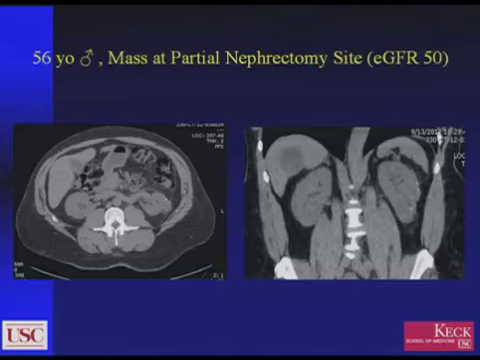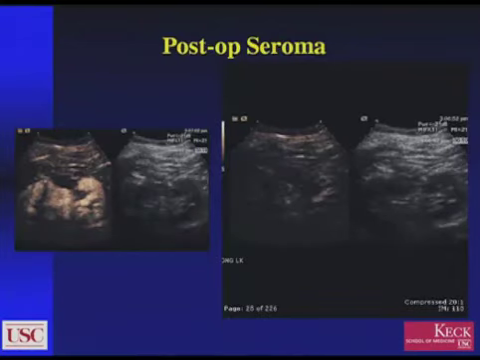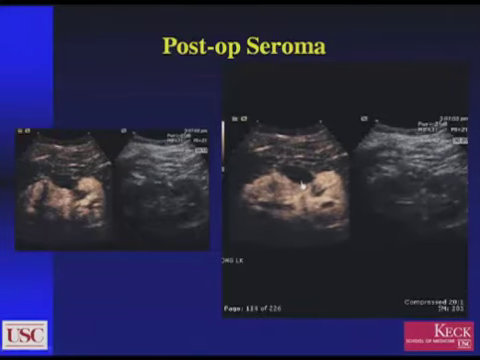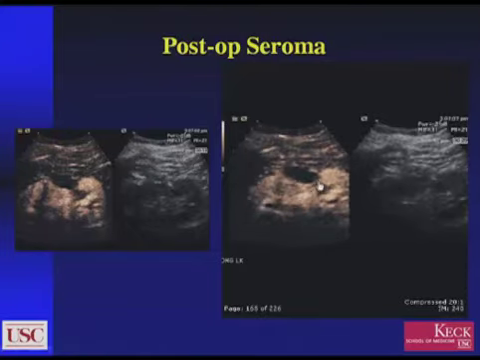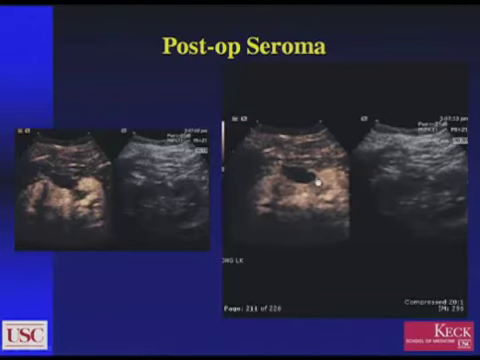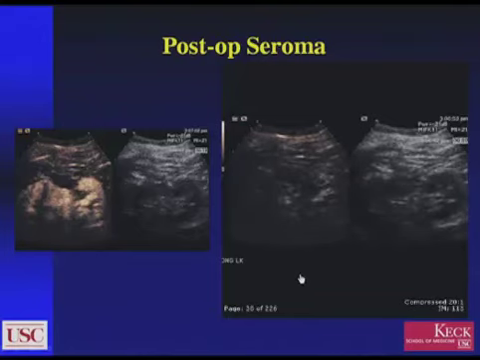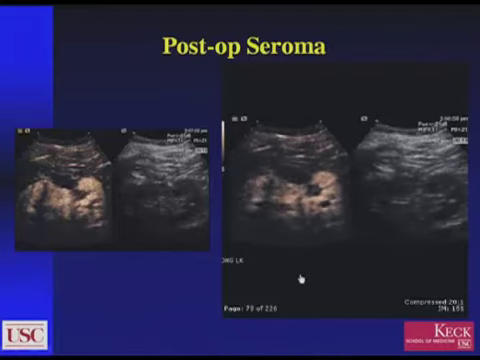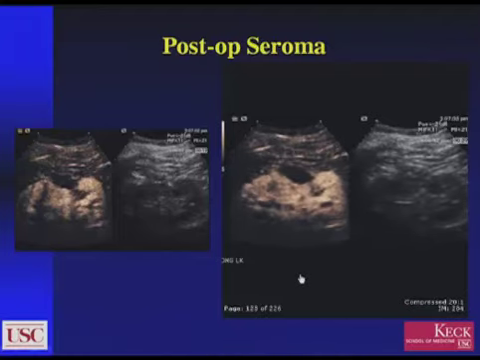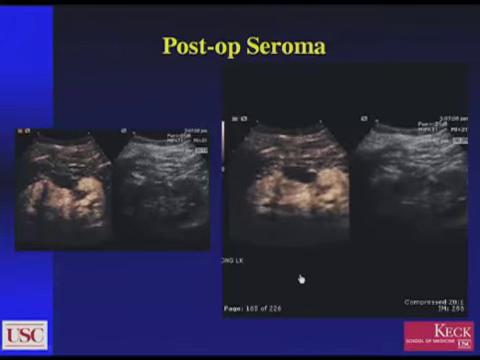This was 50, which is below the level that we typically would like to perform contrast on these patients, either with CT or MR. But on the axial view, there's this mass-like low-density area here. You can see some surgical clips. And of course, the question was, are we dealing with a tumor? On the contrast ultrasound, you can very nicely see that this actually represents probably a small seroma, and that there is absolutely no abnormal area of enhancement in this particular case.